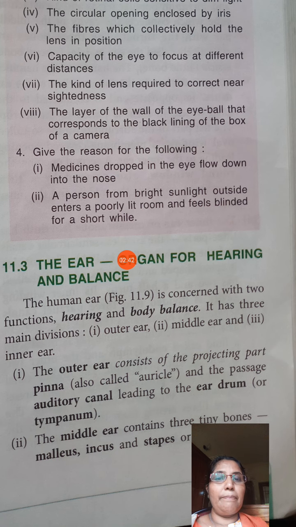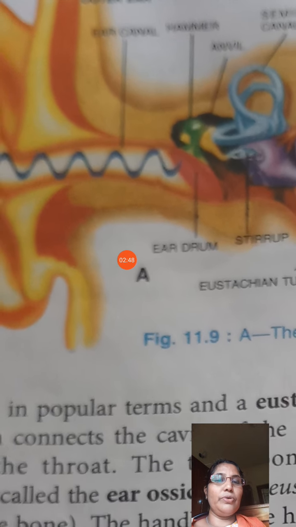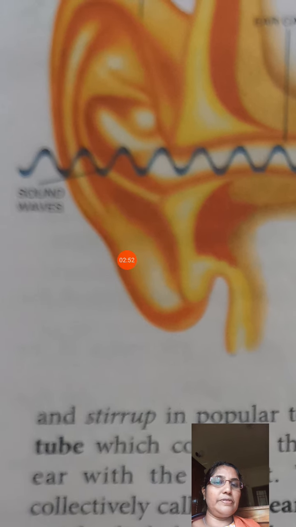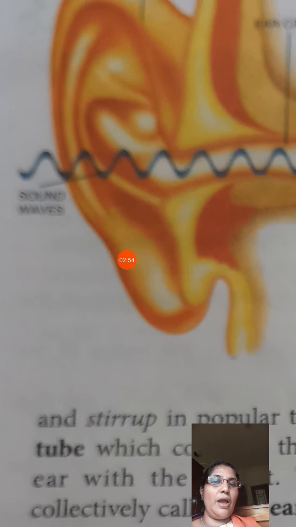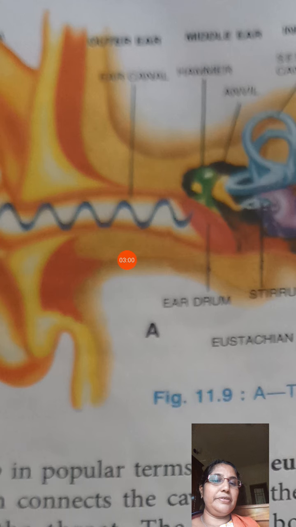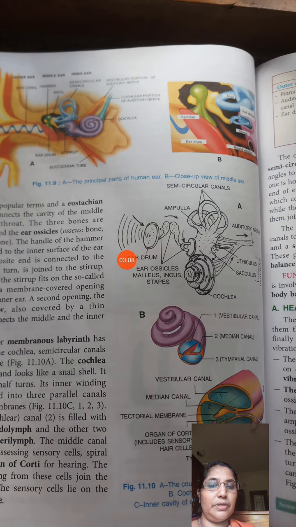Eardrum, you can compare this to a drum. You can see the red colored structure. The sound waves are collected by the pinna, and go through the auditory canal, and finally reach the eardrum. That is the outermost part of the ear.